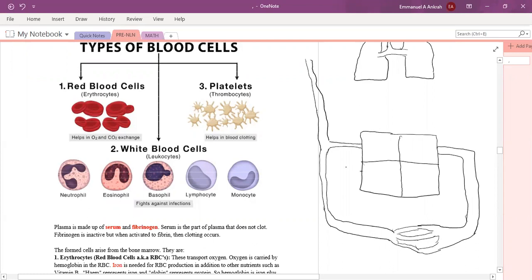Okay, and from here goes there. Let me change this to this here, sorry.